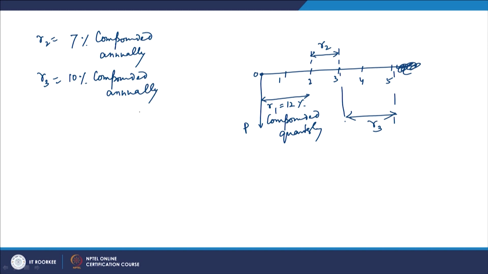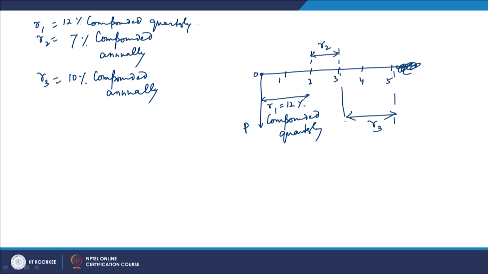Now, for such cases, if you have to find the equivalent present amount, from 0 to 2 you have 12% compounded quarterly, so that rate is different. R2 is 7% compounded annually. What you have to do is find the present amount or the future amount.